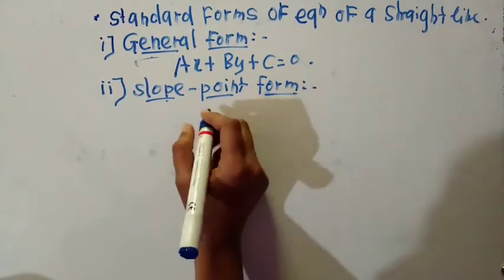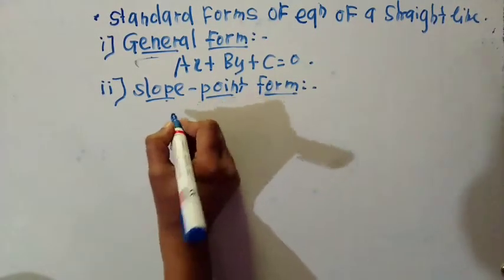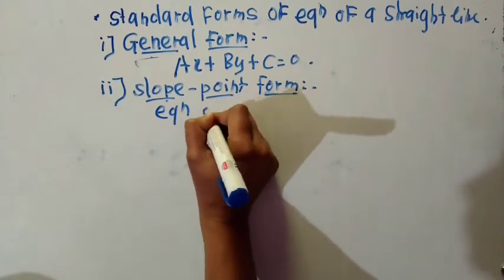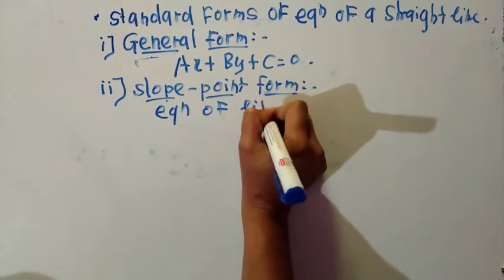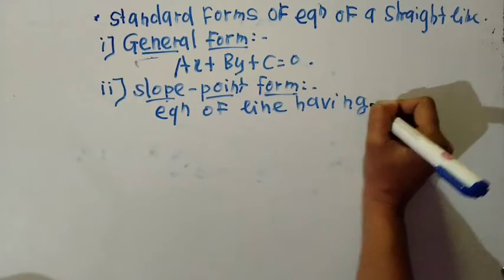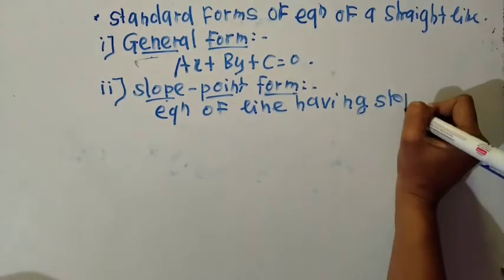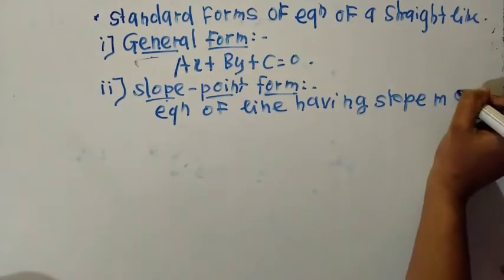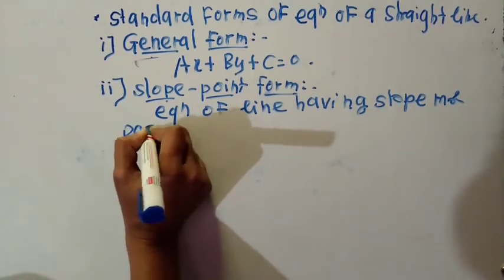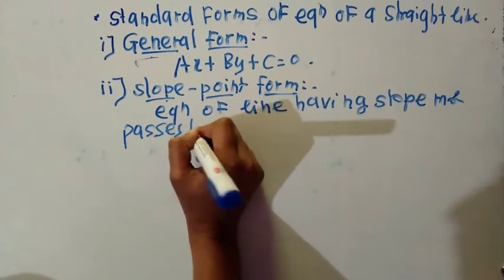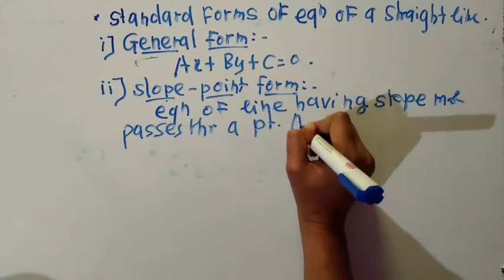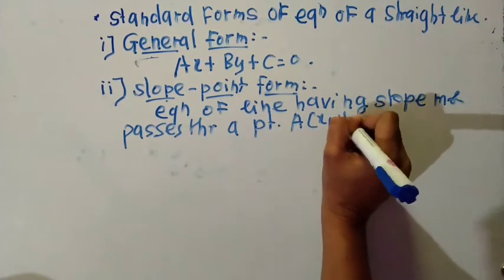The slope point form is the equation of a line having slope m and passing through a point x1, y1.